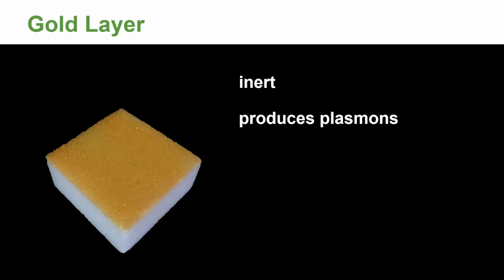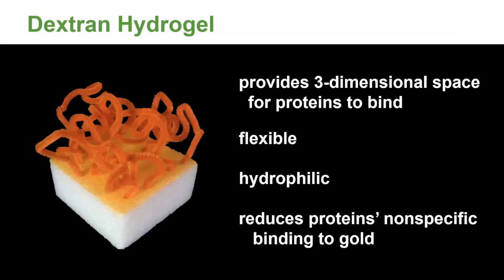It's not really part of the biochemistry of the analysis. Then we have a hydrogel layer. This provides a three-dimensional space for the protein to bind. It's flexible, it's hydrophilic, so it wets well, and your injected molecules can have good access to the surface. And it prevents interaction of the proteins directly with the gold.